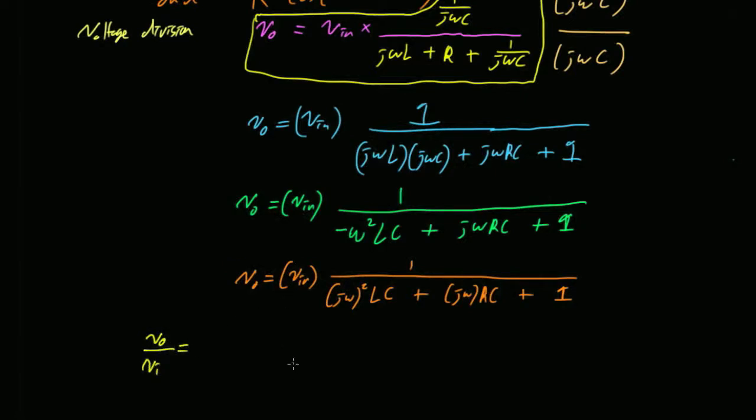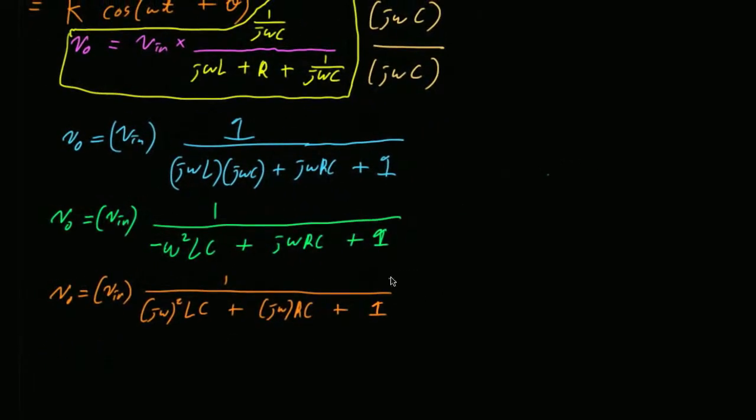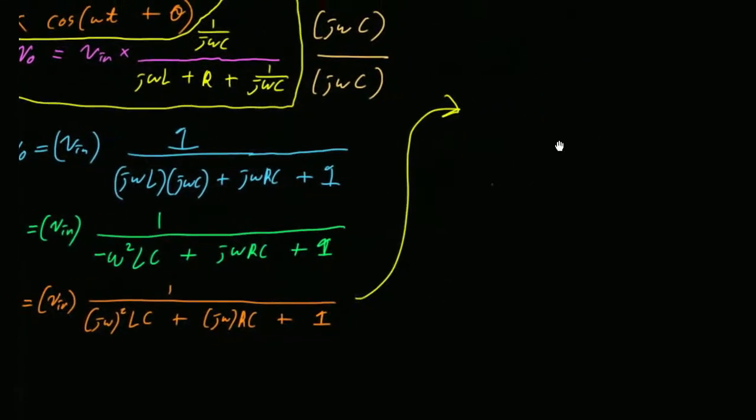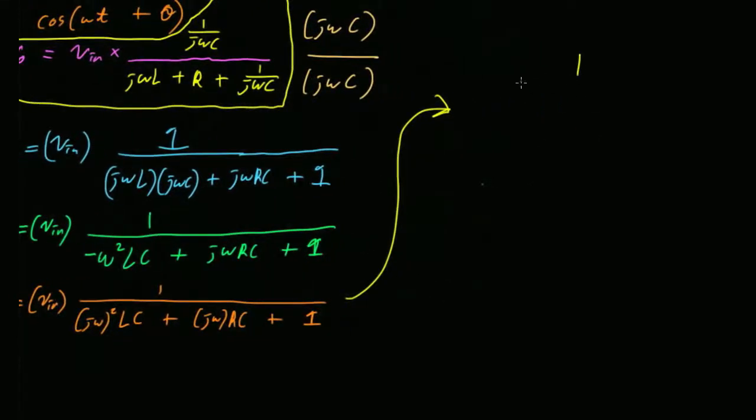All right, and then that is going to come into this. Right now this is looking like an expression for the magnitude, because we're just going to take the imaginary parts out of it.